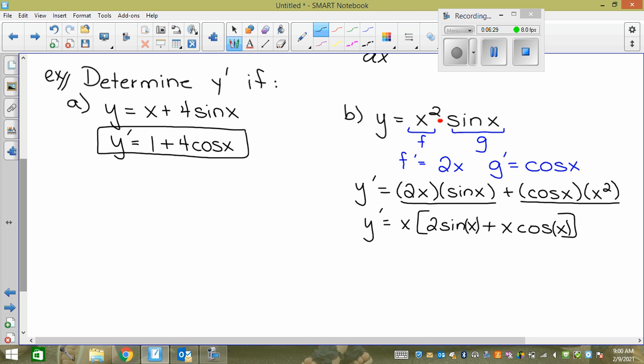Okay, you're going to try C. y equals sine x over x. What rule am I going to have to use?